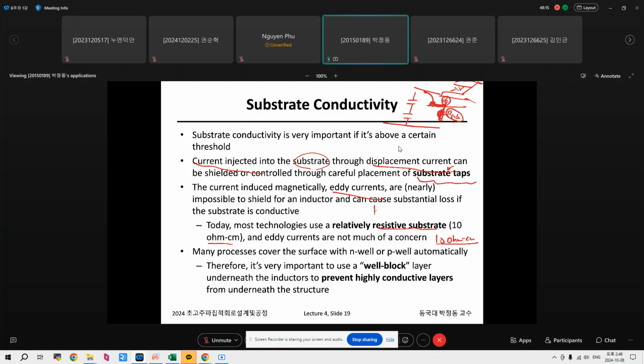Resistivity is 1 over sigma, which means, what is that? 1 over 10, right?